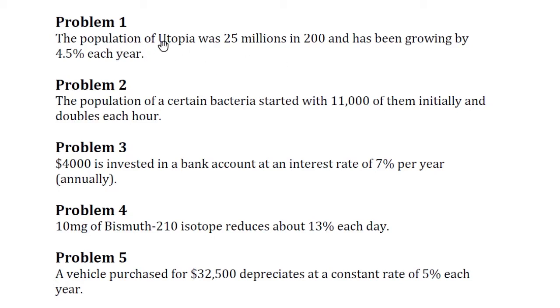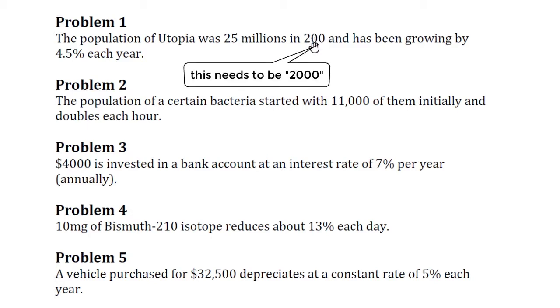So the population of Utopia was 25 million in, I had a typo here, but this needs to be in the year 2000. So the population of Utopia was 25 million in 2000 and has been growing by 4.5% each year.